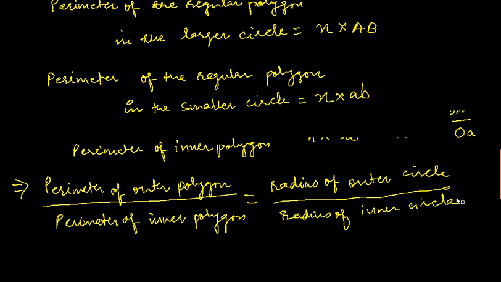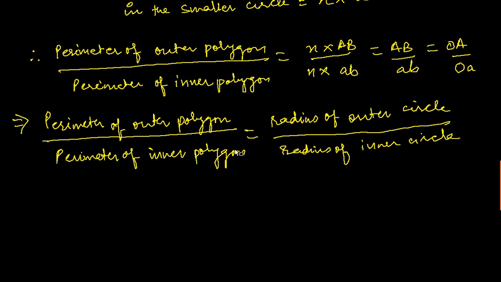Now there is no restriction on the number of sides of the polygon. We can take any number of sides of the polygon. Let n, which is the number of sides of the polygon, go to infinity. Now when n is going to infinity, the polygon will actually coincide with the circle.